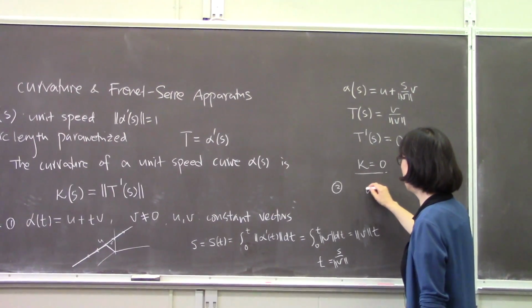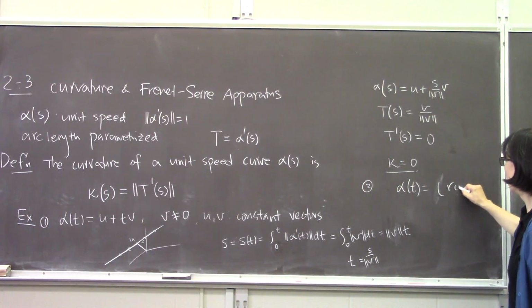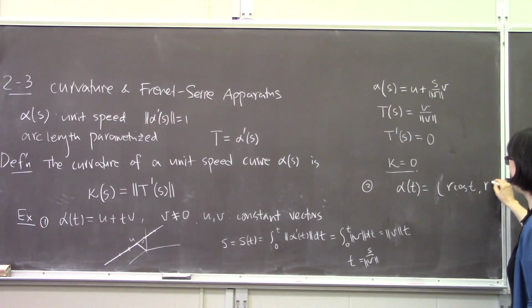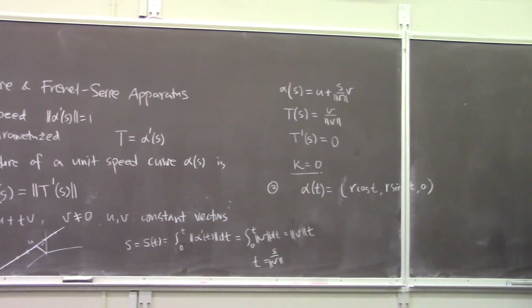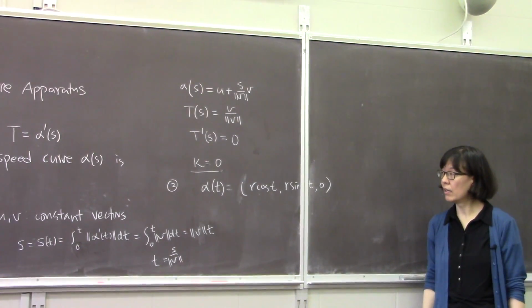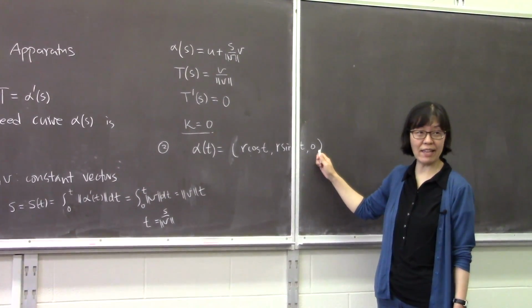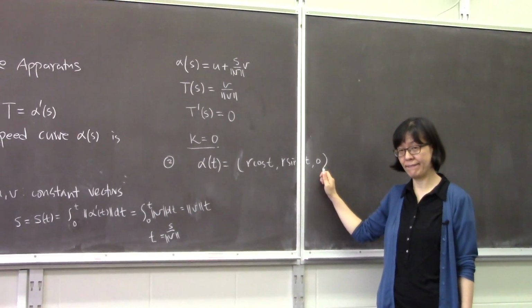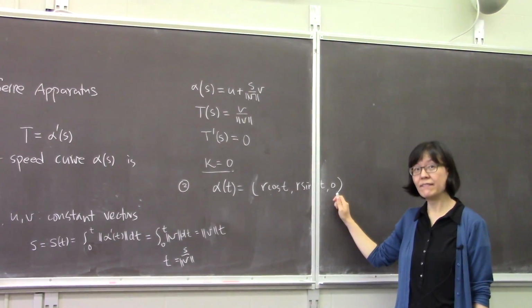Let's see this one. r cosine t, r sine t, 0. So what is that? This is like a circle.